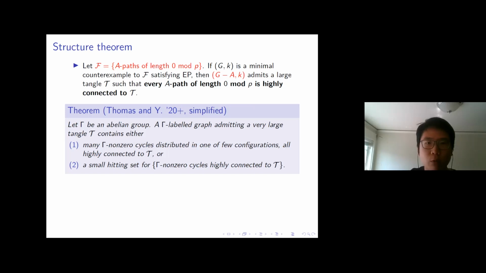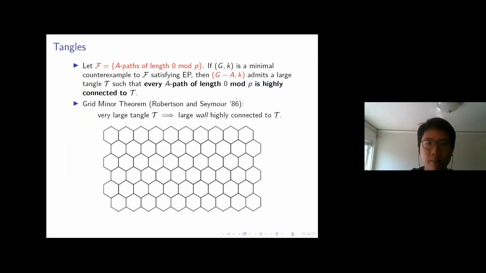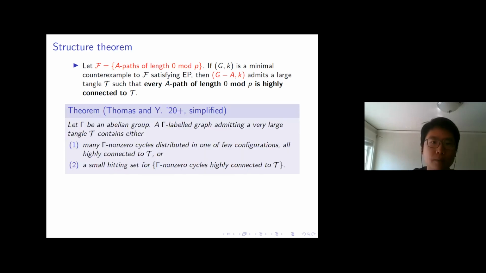What we do is we refine this grid minor theorem to undirected group labeled graphs. We show a structure theorem for undirected group labeled graphs: if you take a group labeled graph with a very large tangle, then we can find a very large wall.